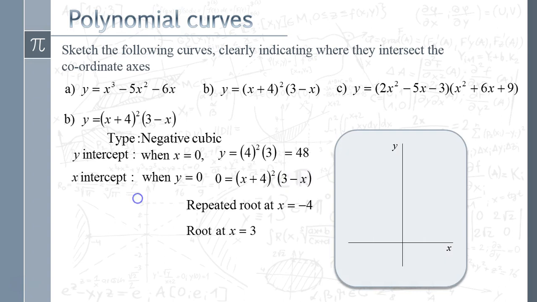Here comes our sketch. There's the -4, 48 and 3, and now we've got to make sure we've got that repeated root at -4, so the curve is going to just touch that and go away. We know it's a negative, so it's going to start at the top here, finish down the bottom there, and there it is.